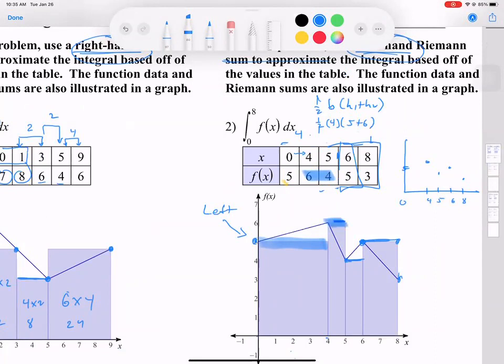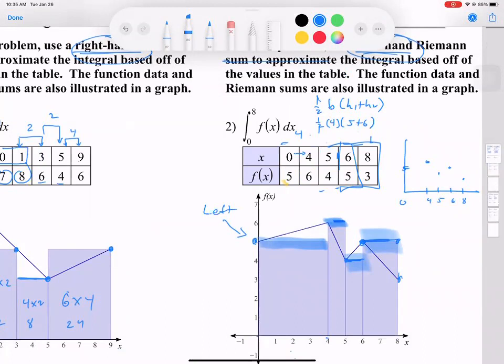That's why this is up here. Between 4 and 5, we're going to choose 4. That's why we're down here. Between 5 and 3, we're going to choose 5 because that's the left. Alright, thank you. And those are our y values for our rectangles.